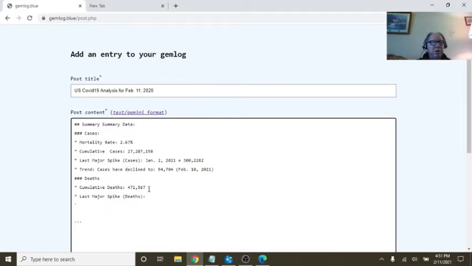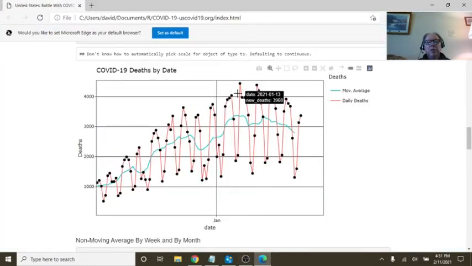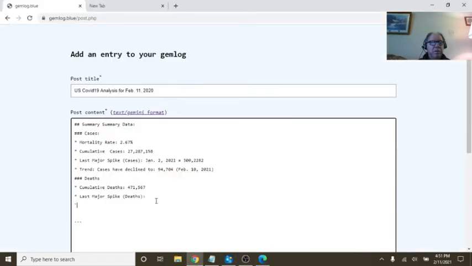So, cumulative deaths, last major spike deaths would have been January 12th. Cumulative deaths.